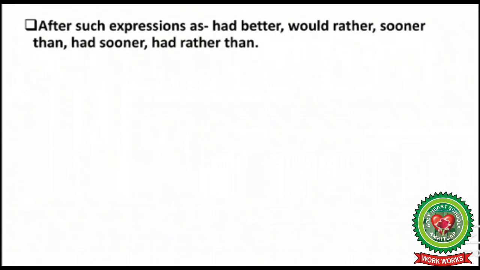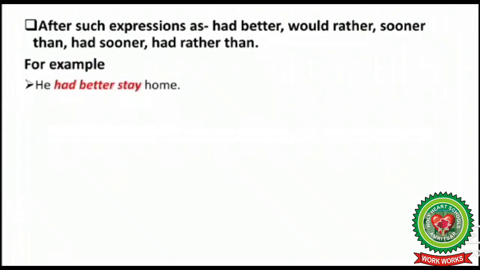After such expressions as had better, would rather, sooner than, had sooner, had rather than, we use bare infinitives. For example, he had better stay home. I would sooner run than walk.